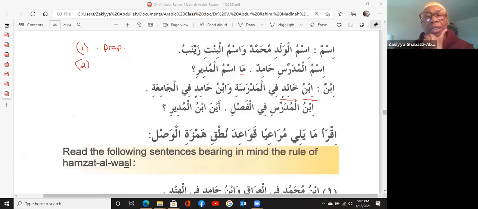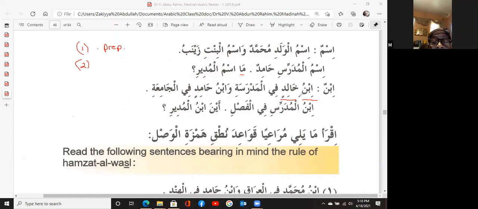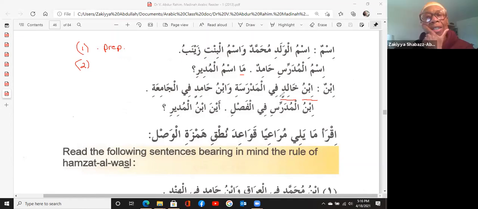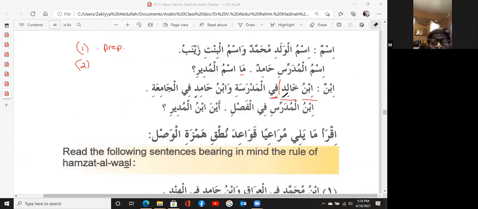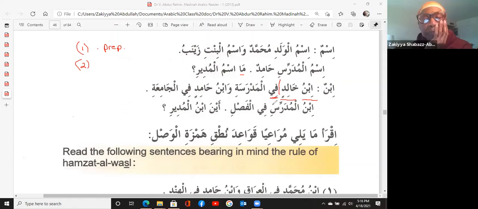Right. The son of Khalid. And that's your subject, because now you have something different starting here. Fee means in. The son of Khalid.